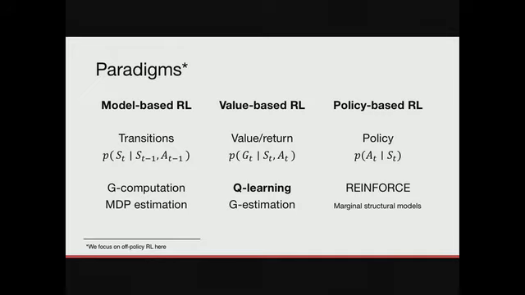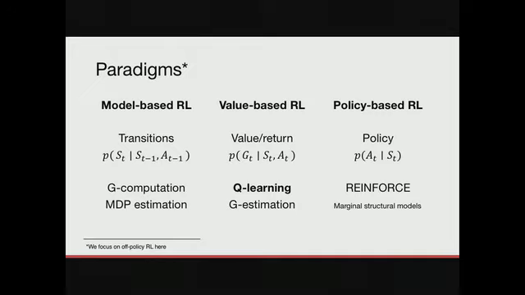Unsurprisingly, model-based RL has some sort of model in it at least. And what you mean by model in this case is a model of the transitions. So what state will I end up in given the action in the state I'm in at the moment? So model-based RL tries to essentially create a model of the environment.